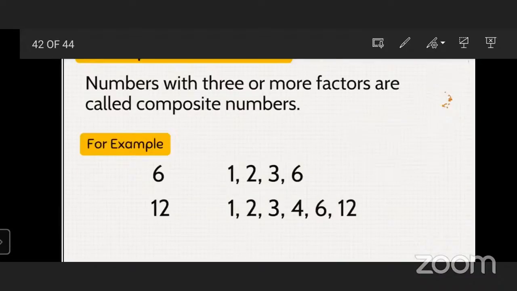Do you understand the difference between prime number and composite number? Yes, sir. Okay.